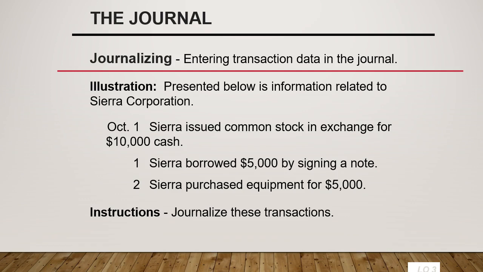In this case, both cash and common stock are going to increase. Then ask yourself, what are the account classifications? So cash is an asset account. Common stock falls under stockholders' equity. Assets increase on the debit side. Common stock is going to increase on the credit side.